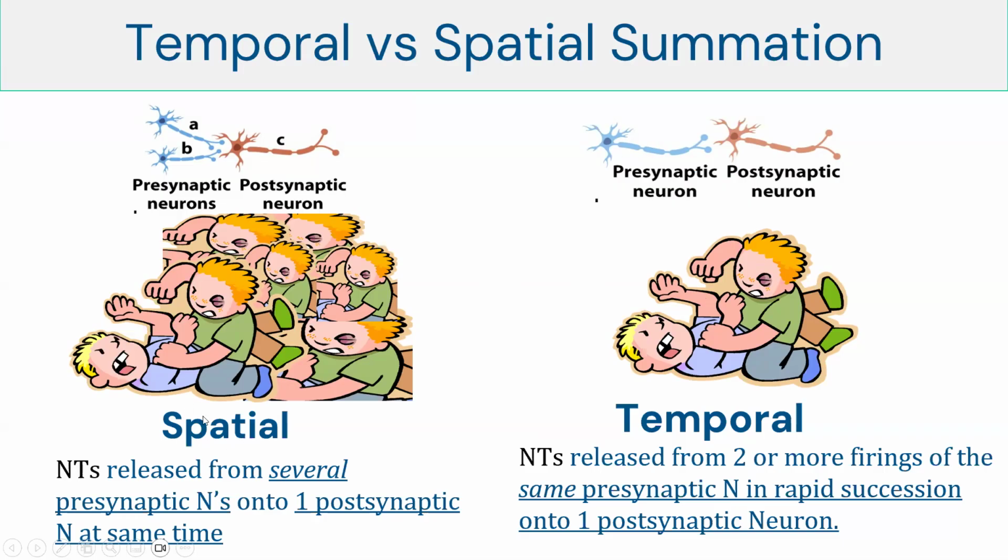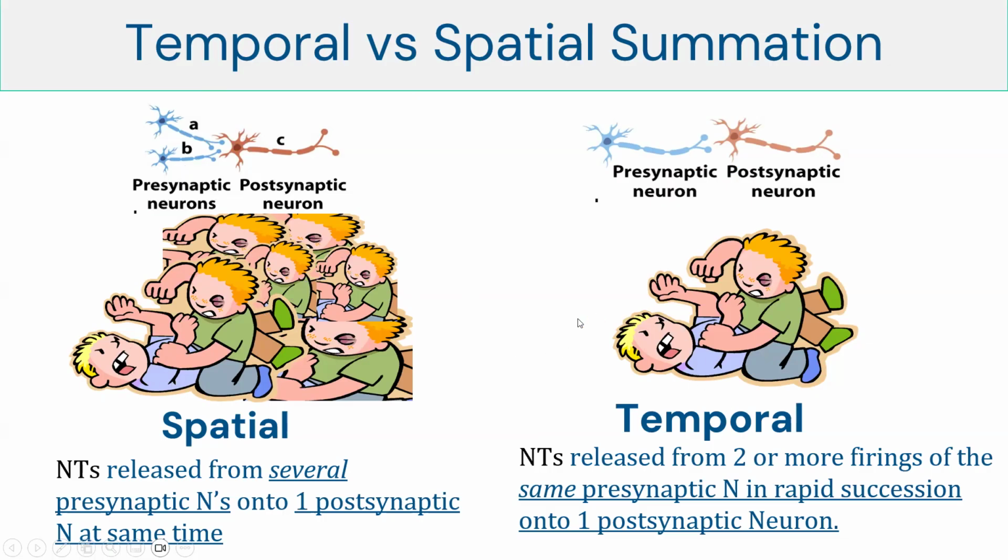For spatial, little Jimmy here is getting jumped by all of these different guys, and all of them get one punch in. So we have multiple presynaptic neurons giving an action potential to one postsynaptic neuron. Everyone in our green shirts are the presynaptic neurons, and they're all sending a signal to our postsynaptic neuron.